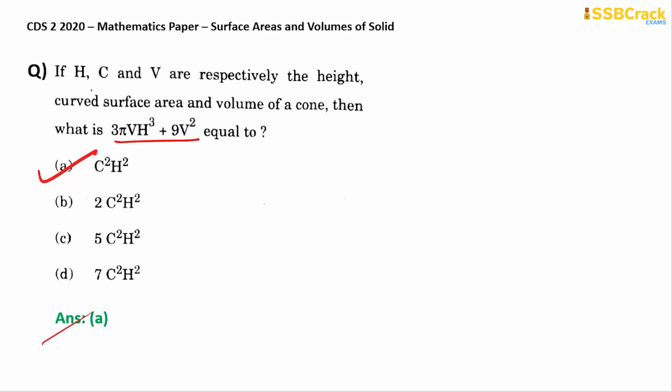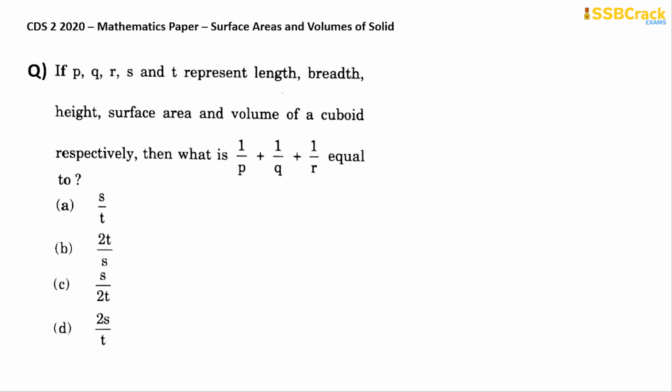Coming upon the next question now, and this is also based on the understanding of notations provided, that P, Q, R, S and T represent respectively length, breadth, height, surface area and volume of a cuboid. Unless mentioned, we'll take the formula of surface area as total surface area only.